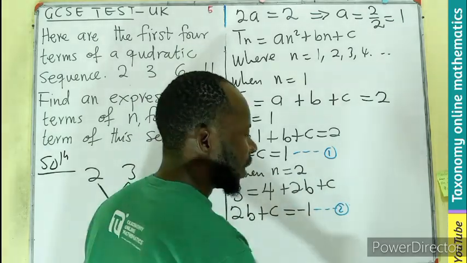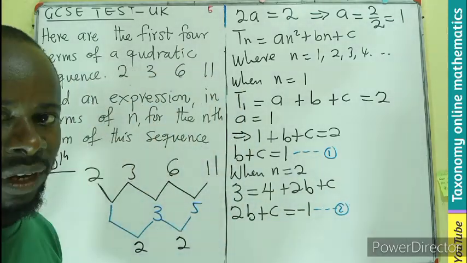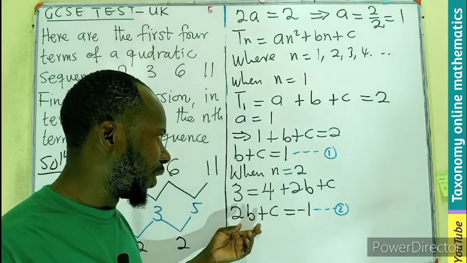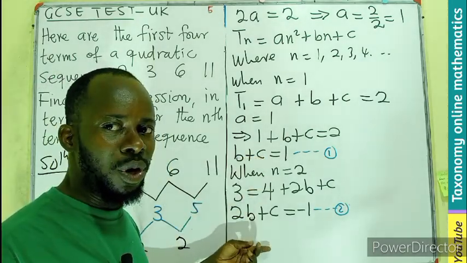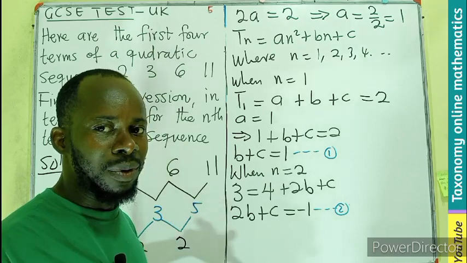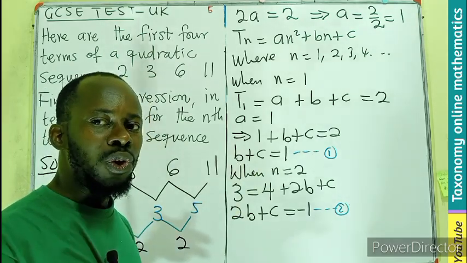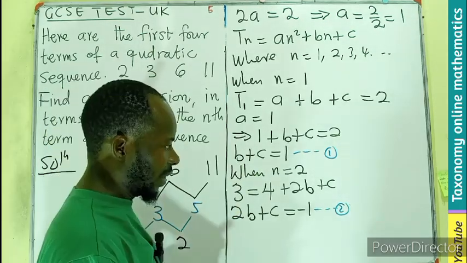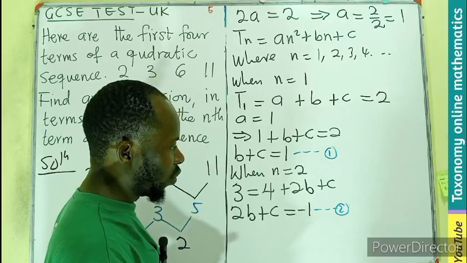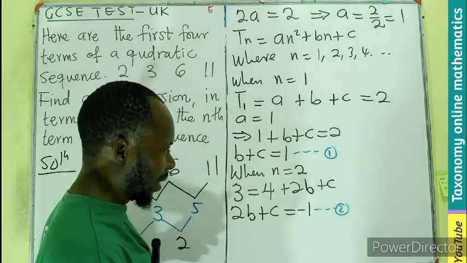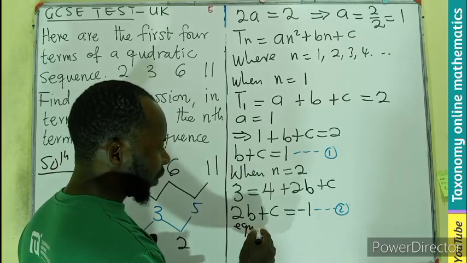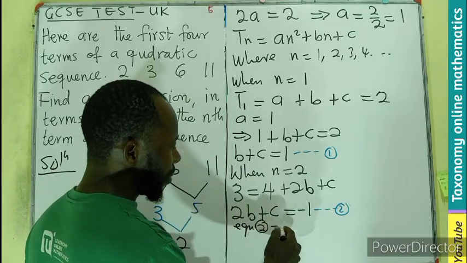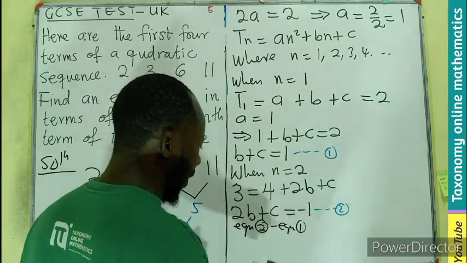So we are solving equations 1 and 2 simultaneously. When solving simultaneous equations and the variable you want to eliminate has the same coefficient with the same sign, you perform a subtraction. So we take equation 2 minus equation 1.